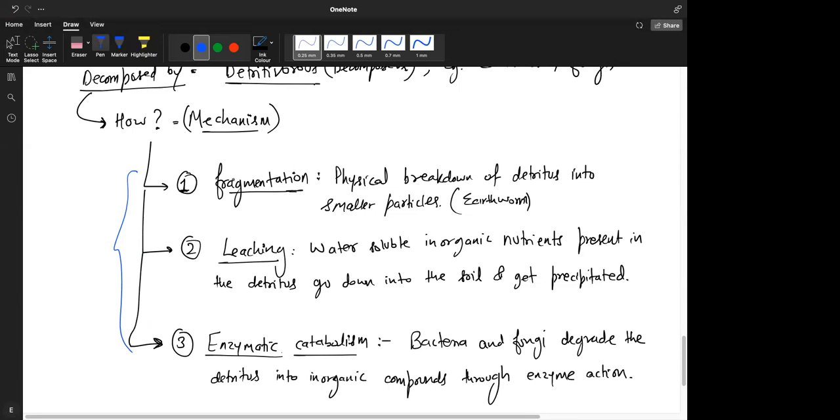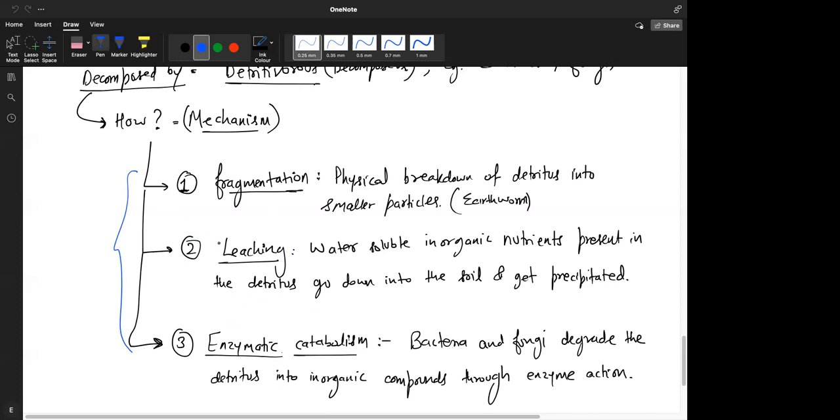Which means that at the same time, when an earthworm is eating a detritus and it is breaking down physically inside its gut, inside the gut there might also be bacteria which are producing certain enzymes, or the earthworm itself is producing certain enzymes to also, during fragmentation, do the enzymatic catabolism.